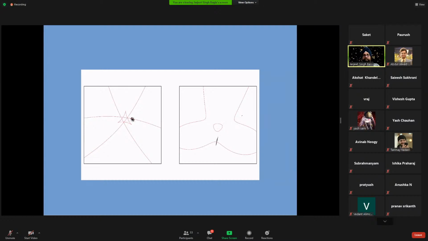This is also called a pyramid. It's another approach towards a pyramid.